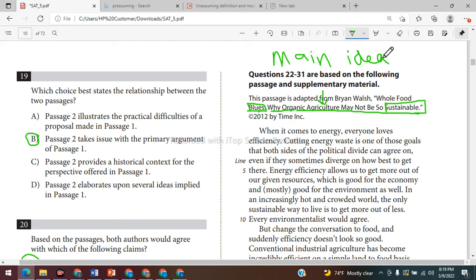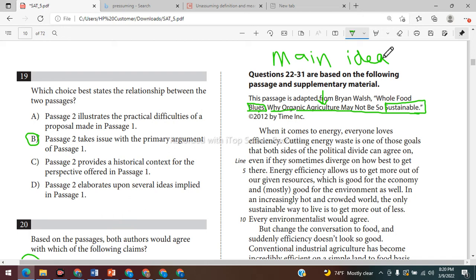What is the main idea of the passage? I can't summarize this one. Say it again, Cooper. You can't summarize this one?